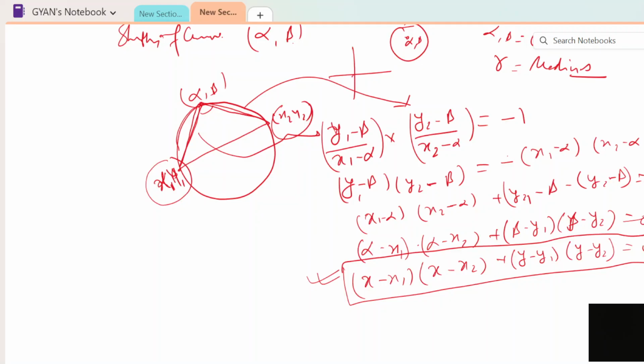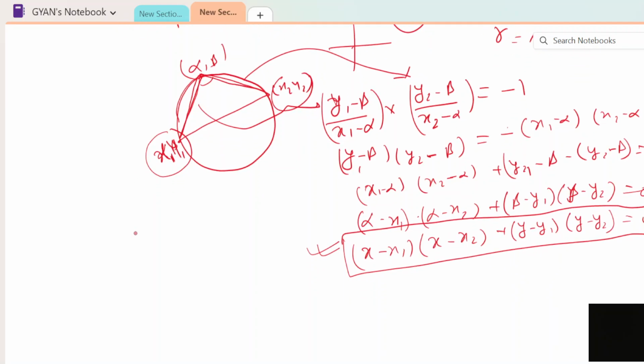So now come to the general 2-degree equation. Compare it with the 2-degree general equation. If (alpha, beta) is the center and the radius is r, then we get the equation (x minus alpha) the whole square plus (y minus beta) the whole square is equal to r square.